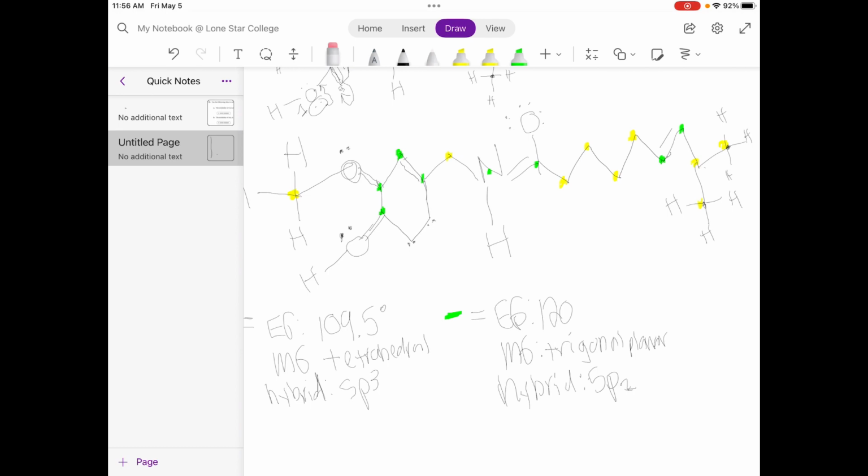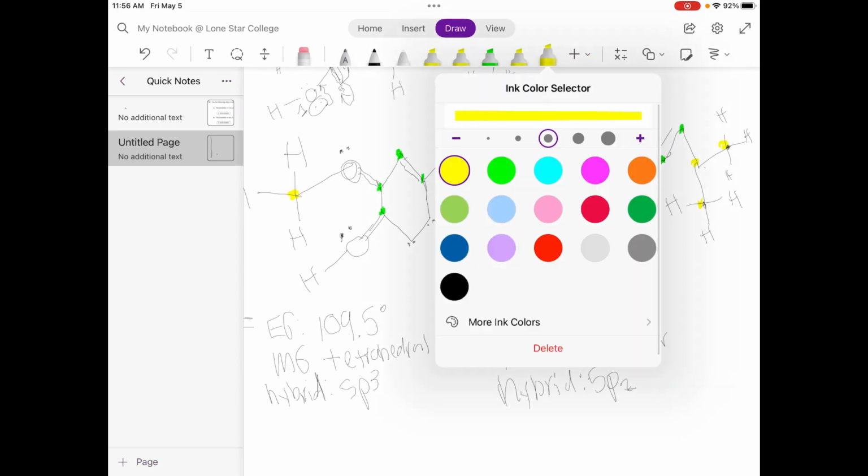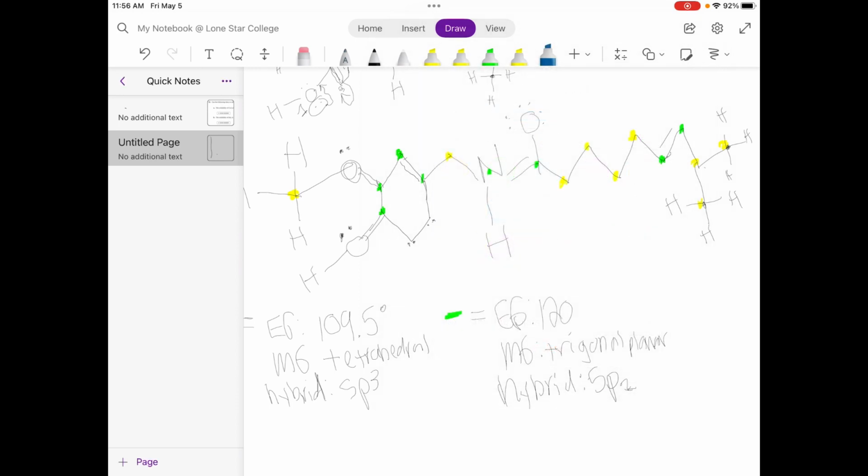For anything that's bent or angular, I'm going to make the color blue. Bent or angular is blue. Okay. This is bent or angular. You know what? It looks like I'm crossing it out. Let me redraw that.